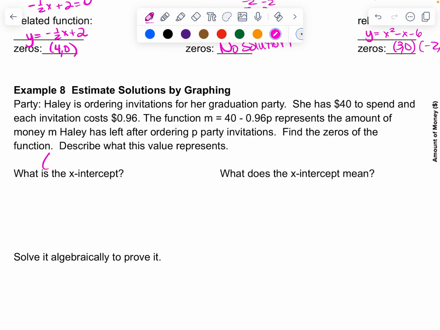So this means that, oh no, it does not mean that. Again, no. It means I plug in 0 for the y value. Now, in this instance, the y value is actually the m value. So we're going to replace m with 0.